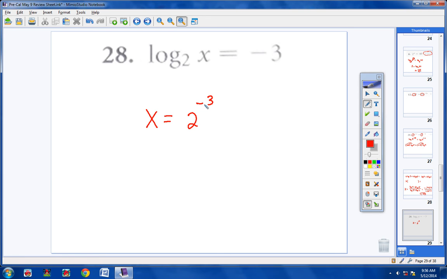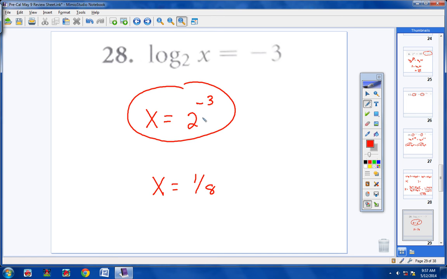And now look what x equals. Type into your calculator 2 to the negative 1/3. You should get 1/8. Well, you're writing it from a logarithmic expression. But look over here. Tell me out loud, what does x equal?